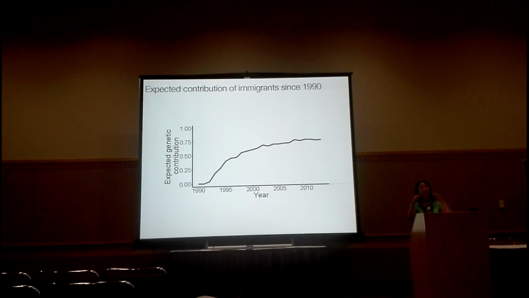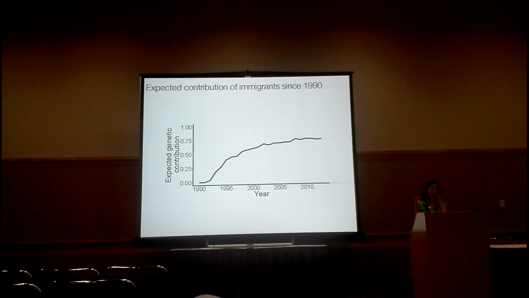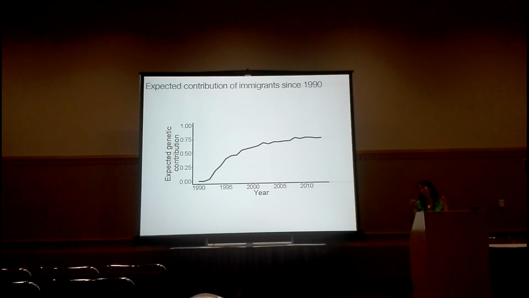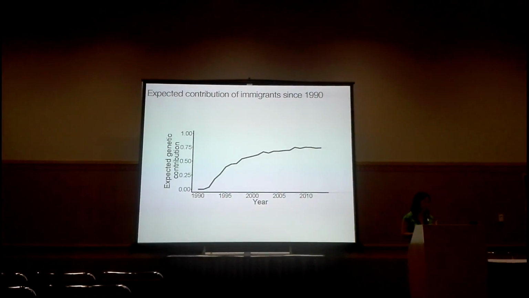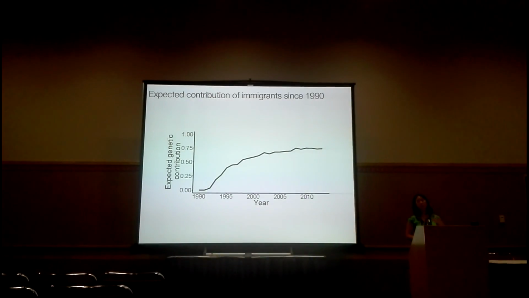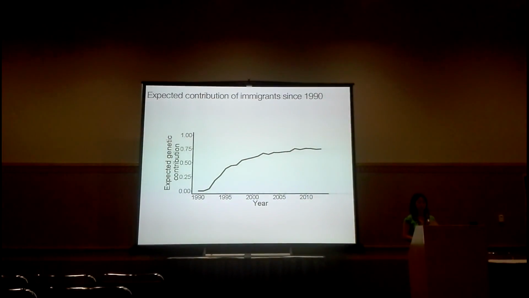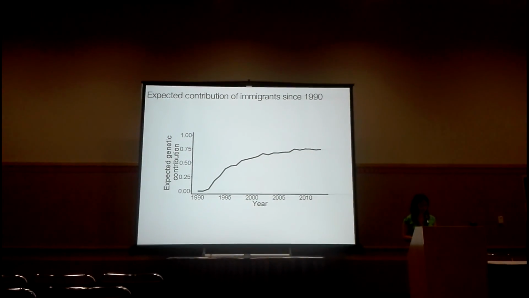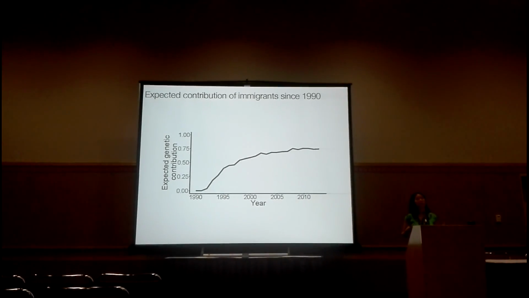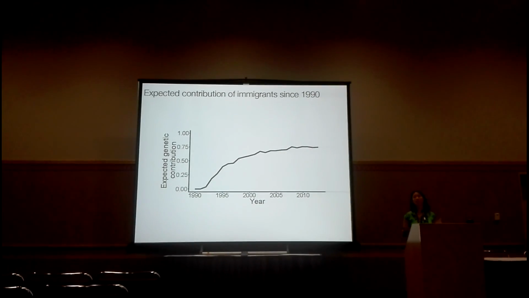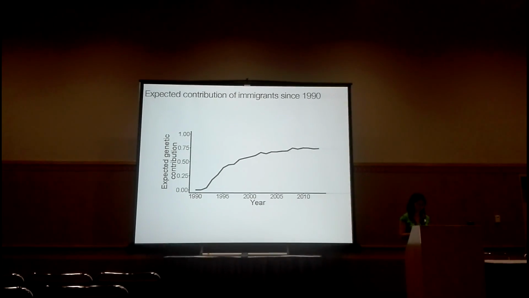Here we're assuming that every bird in our population in 1990 is considered a resident. And we're looking at the expected genetic contributions of immigrants that show up in our population after 1990. You can see that it increases, and by 2013, more than 75% of observed levels of genetic diversity in our population likely came from immigrants.